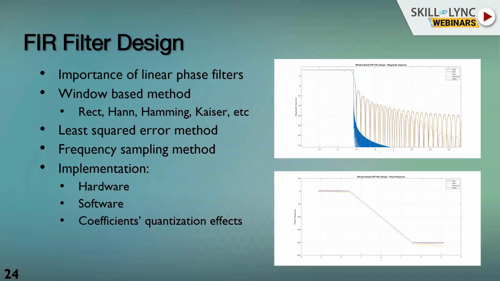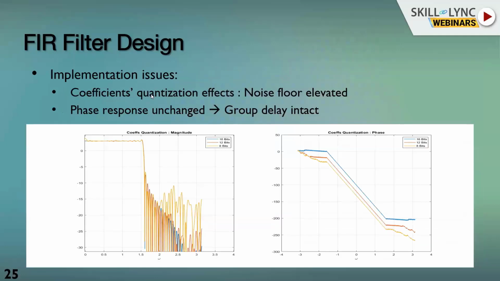Then we have issues related to the implementation of these filters. As I've already talked about, we can implement them in hardware and software, and there are issues like coefficient quantization. In real systems, we don't have infinite precision or infinite bit width. What happens when there is quantization of the filter coefficients is what I have shown in this slide.